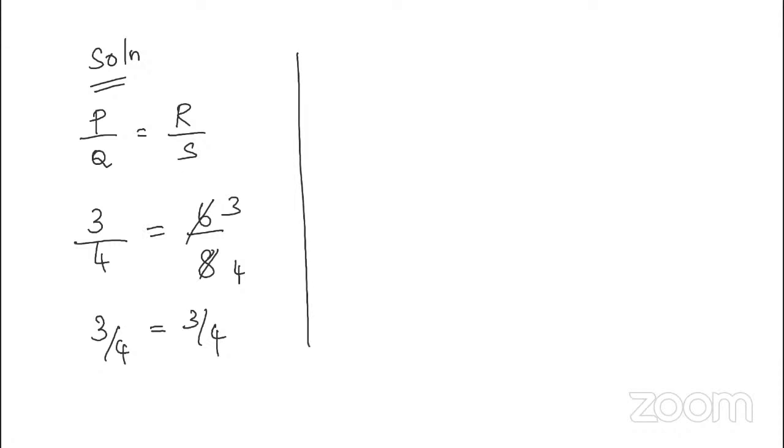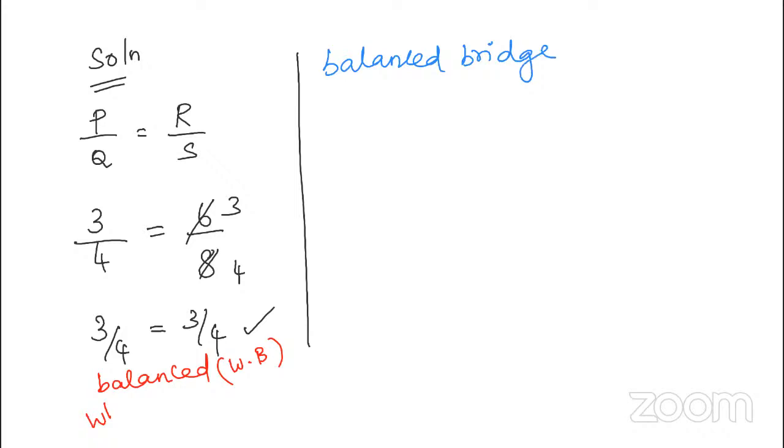So this condition is a balanced Wheatstone bridge condition. The circuit is balanced. We already know that for a balanced bridge, we have one condition: IG is equal to 0.